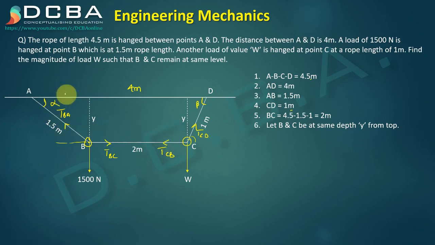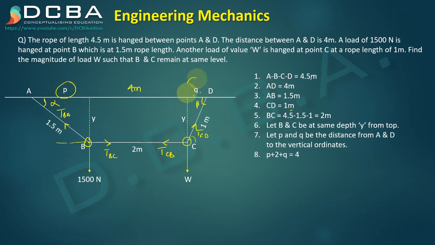So to find these angles, let us say that this is P and this is Q. Now what I know is P plus this much distance, which is 2 meters, and the total is 4 meters. So P plus 2 plus Q is 4.